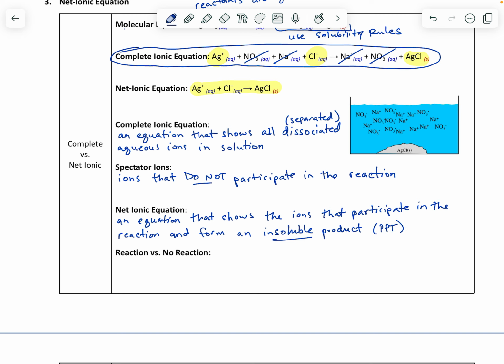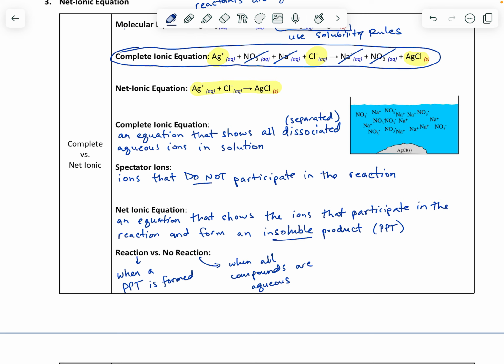Our solid precipitate. When we have a reaction versus no reaction, a reaction is when a precipitate is formed, whereas no reaction is when all compounds are aqueous.